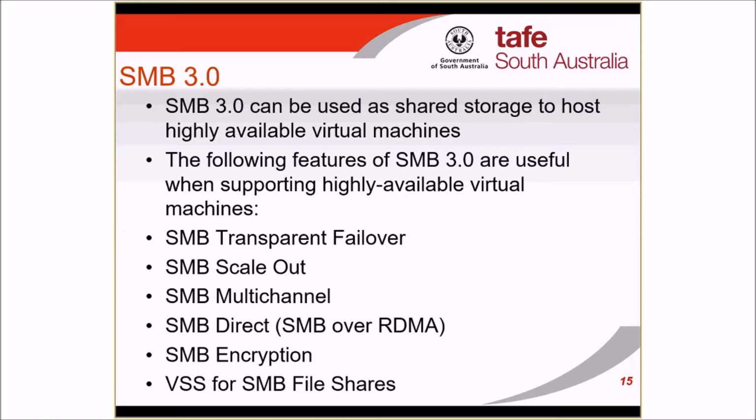The following are some features of SMB 3 which make it very good for using in a virtualized environment, and it's highly available. So, SMB transparent failover: it can fail over from one SMB to another SMB without the Hyper-V server even needing to worry about it. SMB scale out.